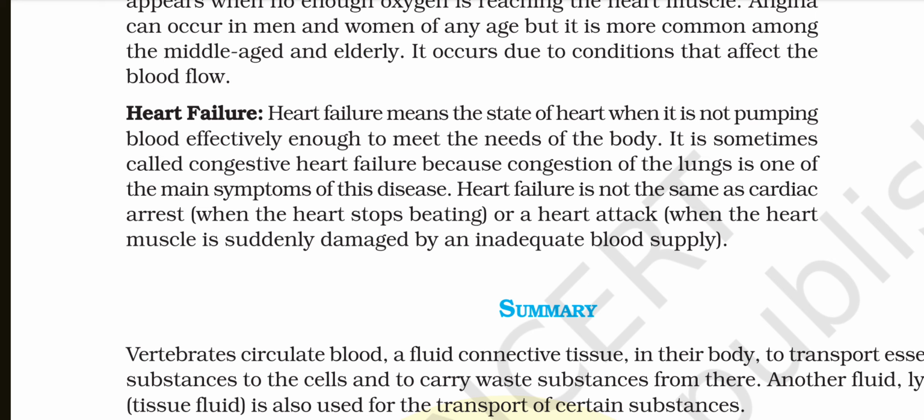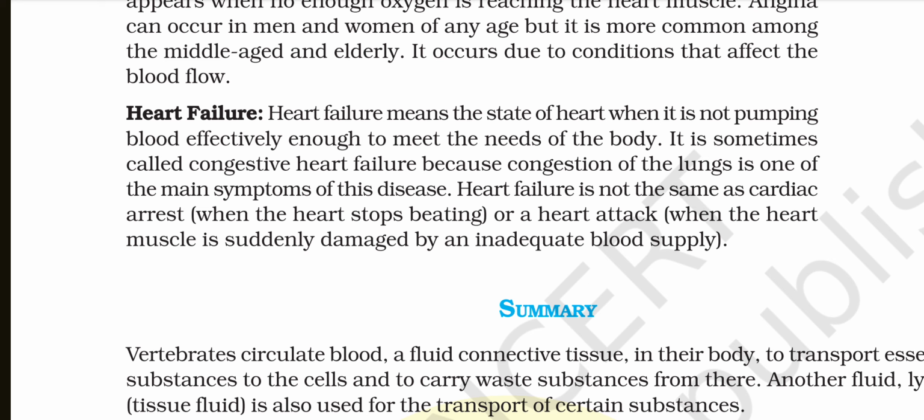In cardiac arrest, the heart stops beating.